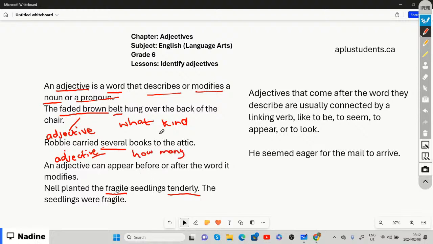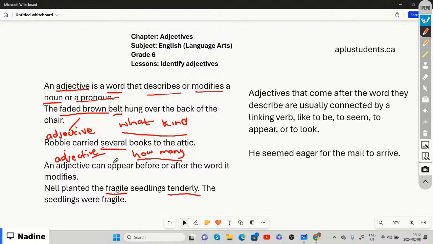So basically, we can find out more about adjectives by asking questions like what kind of noun or how many. It doesn't have to give a number specifically.